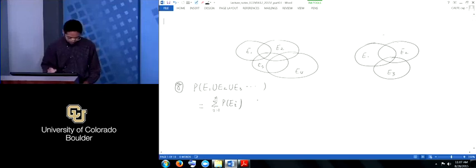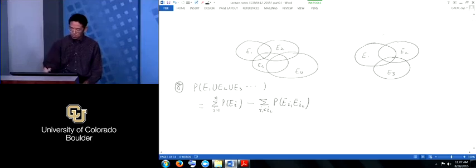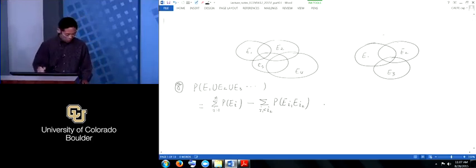Okay. And minus, okay, this means intersection. Because I summed them together, I'm trying to minus the intersection.